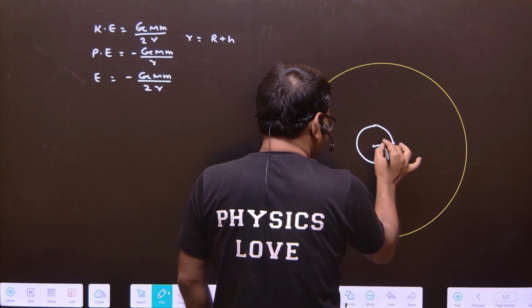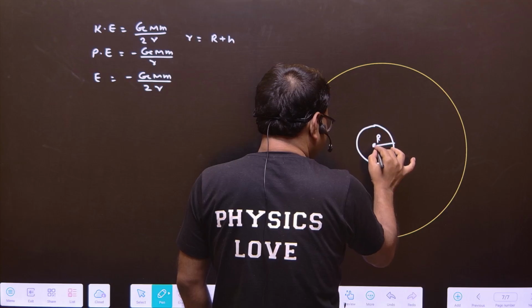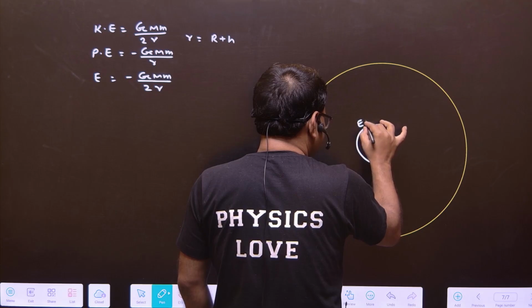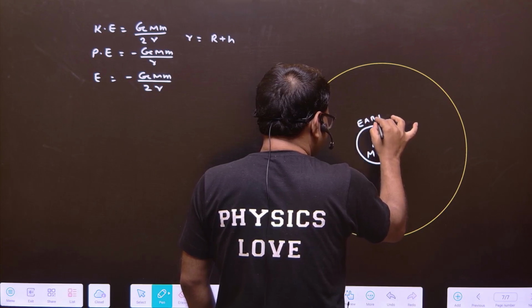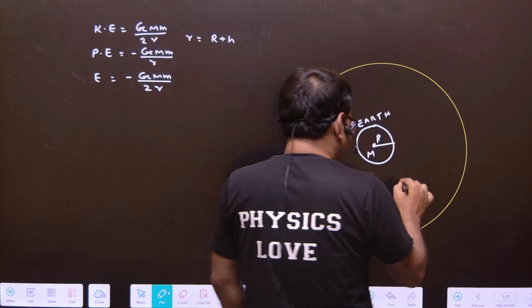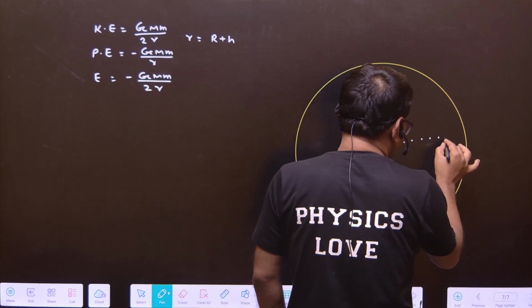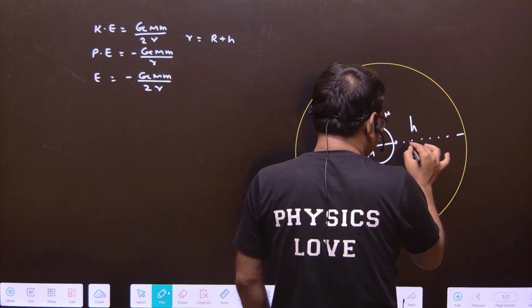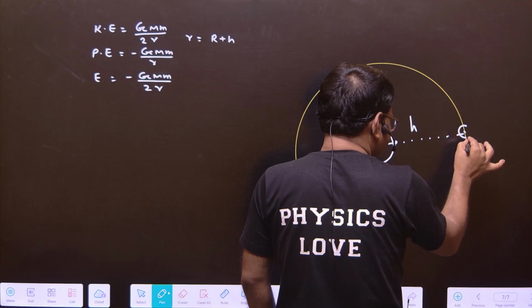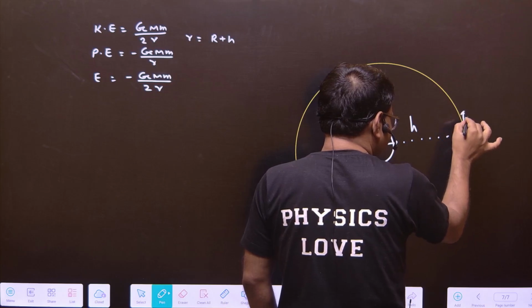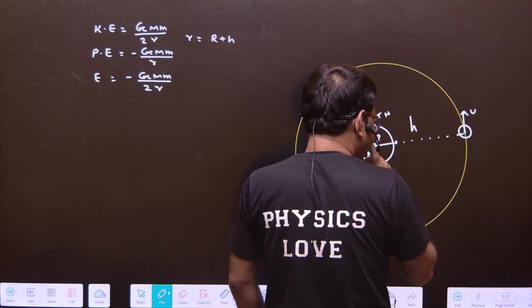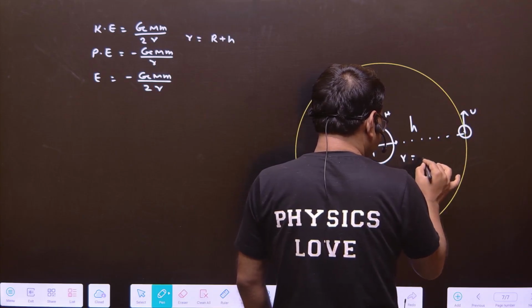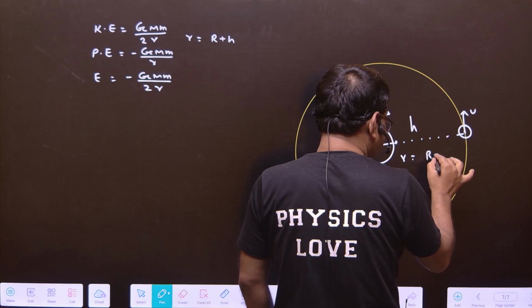The radius of the earth is capital R, and mass is M. This is the earth's surface. From the earth's surface to the orbit, this distance, the height, is h. Here the satellite is revolving with speed v. So small r is equal to R plus h.